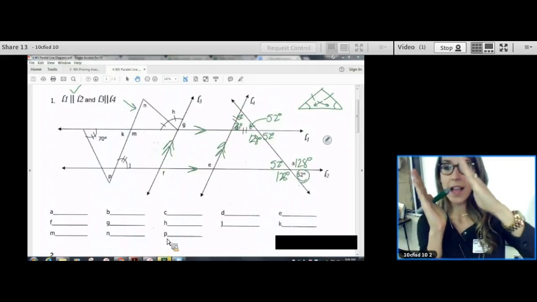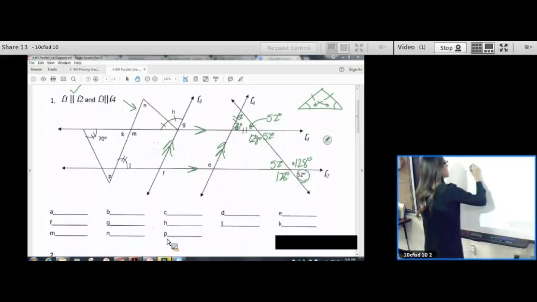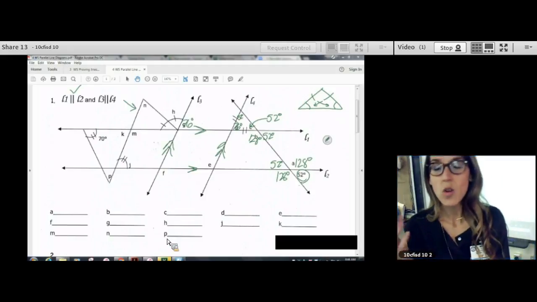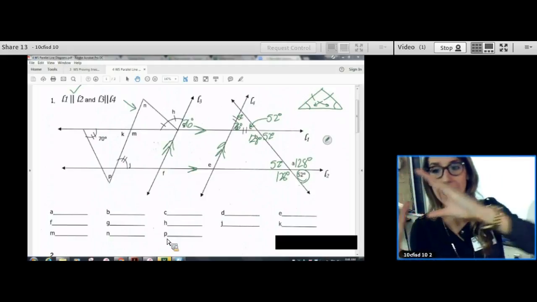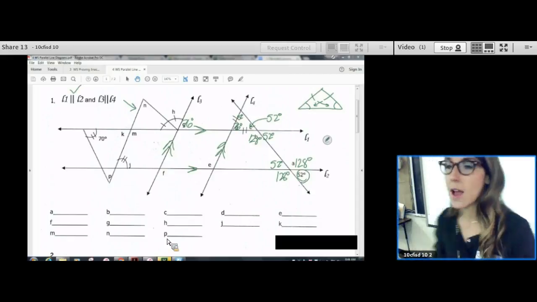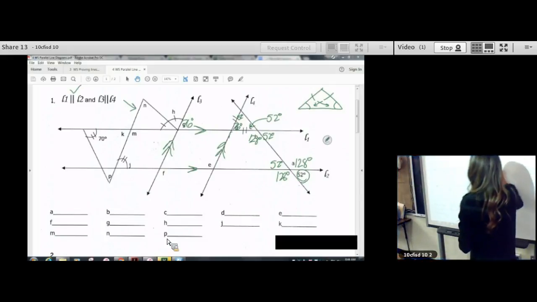Now we're looking at lines 3 and 4. Look at 3 and 4. 76, 76. How did I know that? Corresponding angles. You could just slide that angle into G's spot. 76, 76. I can also do linear pair, 104.